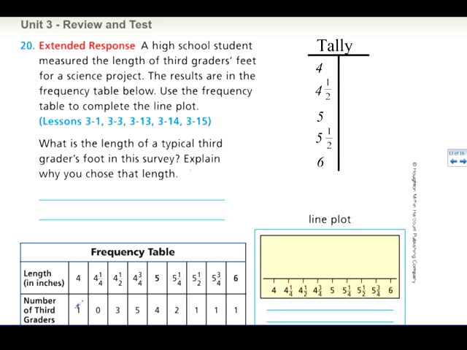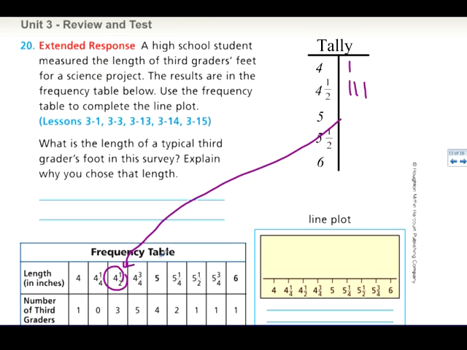If you look at this data, there was only one person that had 4 feet. And there were 4.5, right here, 4.5. There were 3 people. So as you were doing your survey, you went 1, 2, 3. And then you take that data and you bring it down over here to the frequency table.